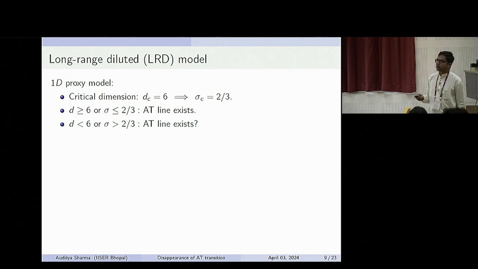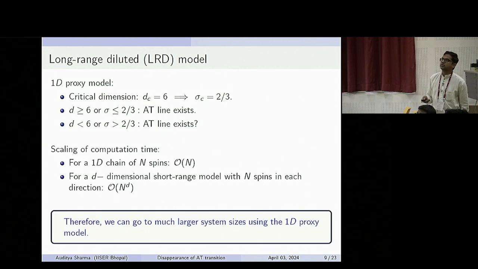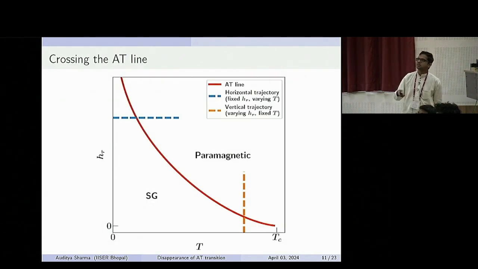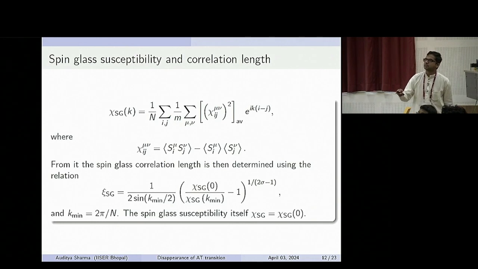All the data that I'm going to present is large scale numerics performed within the mean field regime. Like I said, computationally it's efficient to work with this kind of model, and you can go to much larger system sizes. I'll just quickly flash some data and then I will stop.